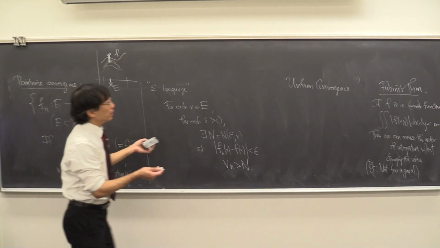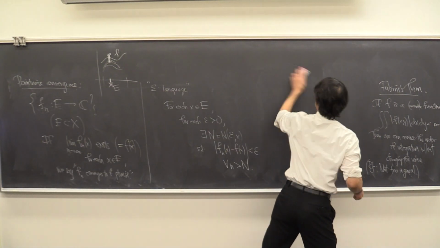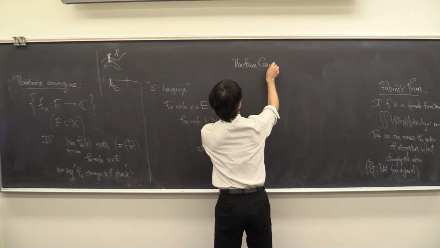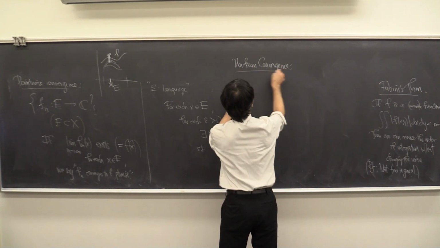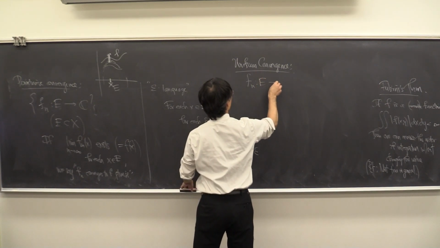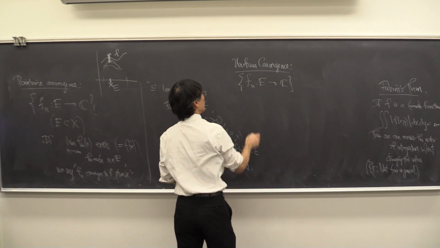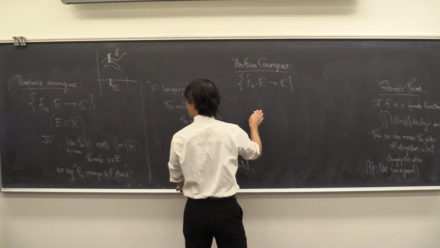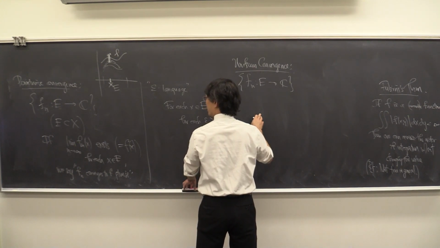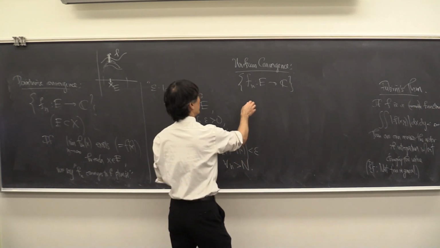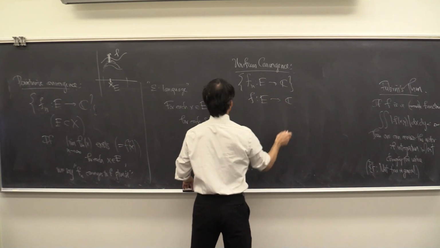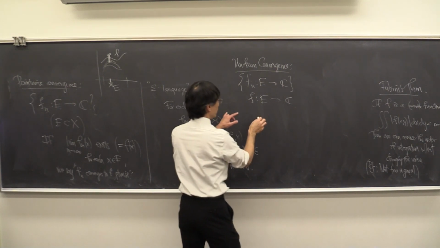Okay, and then the better version, the one that's going to be more useful to us, is so-called uniform convergence. Again, you have the same setup. You have some function. And the phrasing is a little different now.